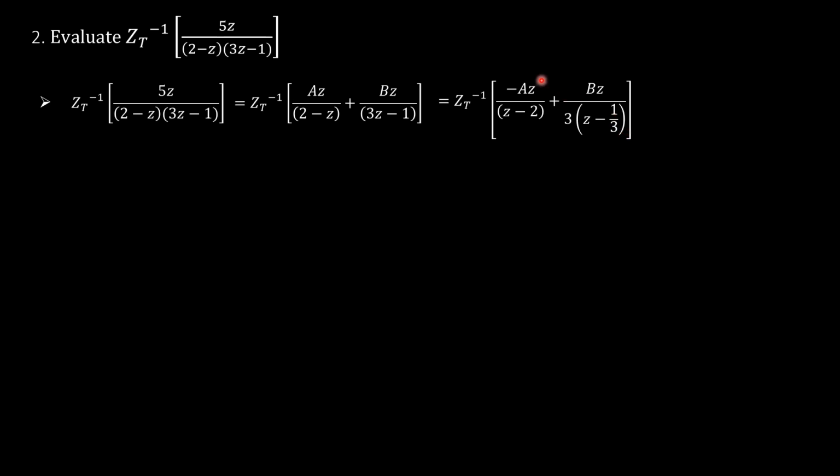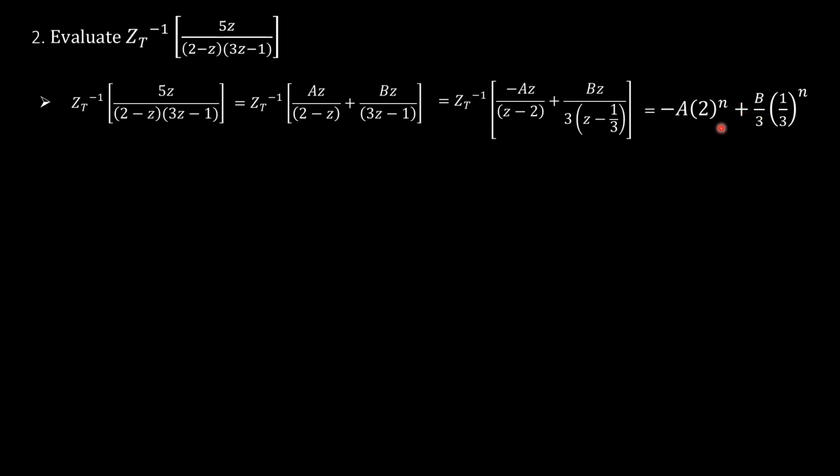But the inverse z transform of z by (z minus 2) is 2 power n, and the inverse z transform of z divided by (z minus 1 by 3) is (1 by 3) power n. Therefore, the inverse z transform of 5z divided by (2 minus z)(3z minus 1) is minus A into 2 power n plus B by 3 into (1 by 3) whole raised to n.